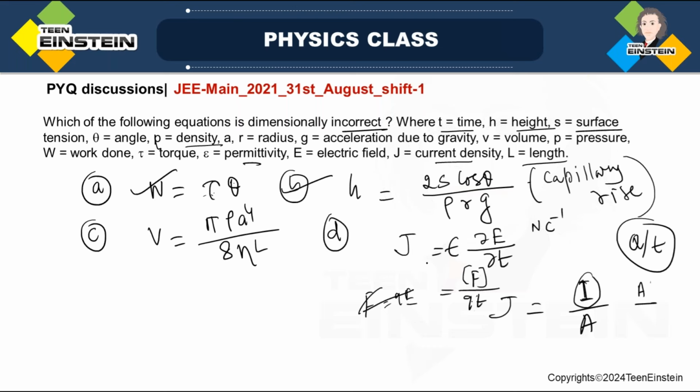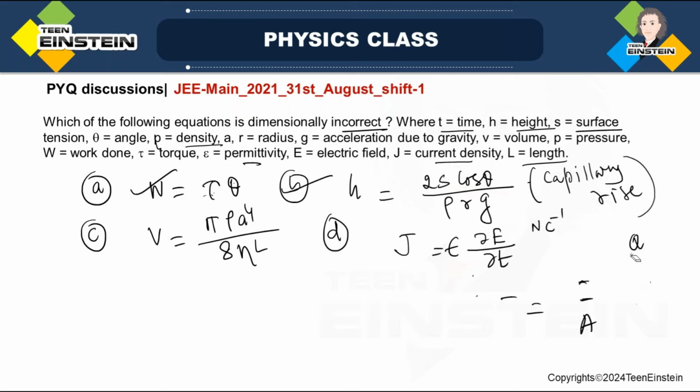Okay, then it is correct actually. Epsilon, yes. So this will give you the density. So this is current density. We know this is for current density. Okay, this is fine. Now it is all right.